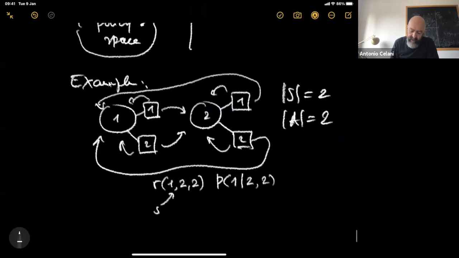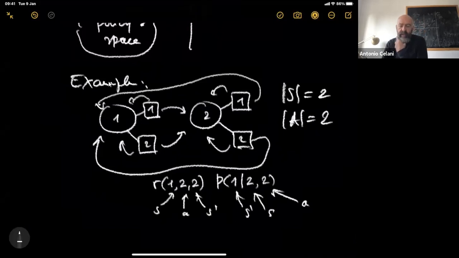So this is S, this is A, and this is S prime. This is the notation that we've been using so far. And then you can put all the numerical values that you like for these transition probabilities.